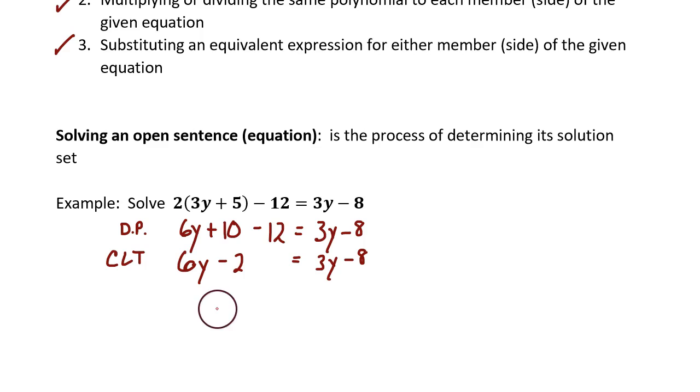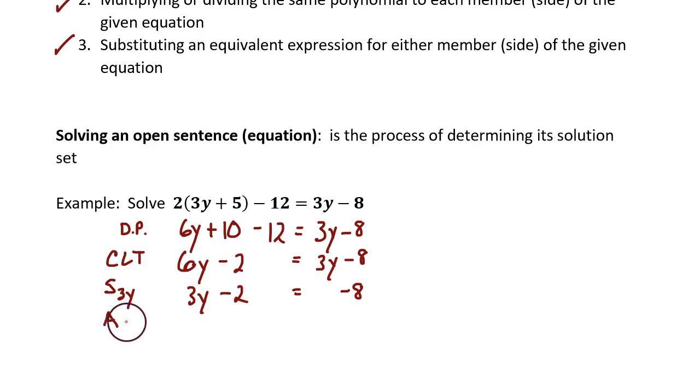You can see that it's critical to be able to add and subtract positive and negative numbers. Next, let's subtract 3y from both sides of this equation. 6y subtract 3y is 3y. On the right side, 3y subtract 3y is nothing. There's still a negative 8 left over.